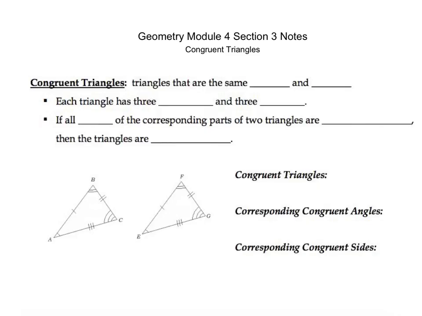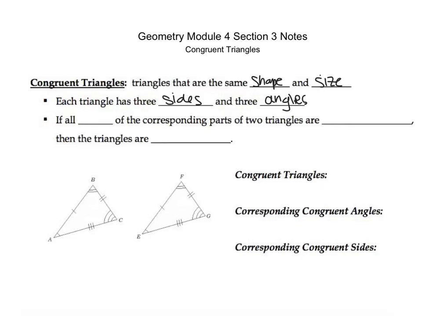In section 3, we're going to start looking at congruent triangles. Congruent triangles are triangles that are the same shape and size. What that means is that each triangle has 3 sides and 3 angles.